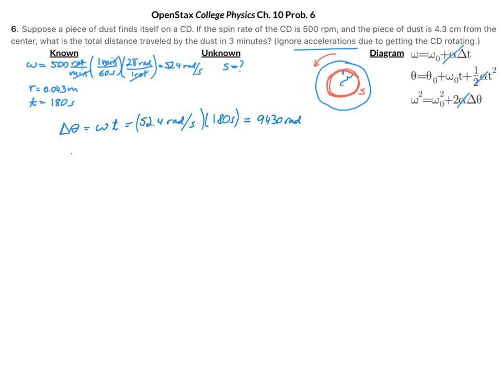So then I can find the arc length using s equals r theta, and r was 0.043 meters, and theta is 9430 radians. When I multiply these through, I get 405 meters, meaning that the speck of dust traveled a distance of 405 meters.